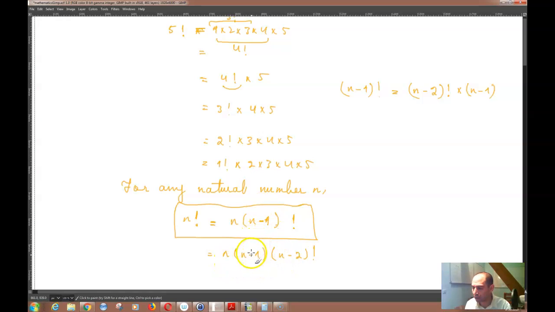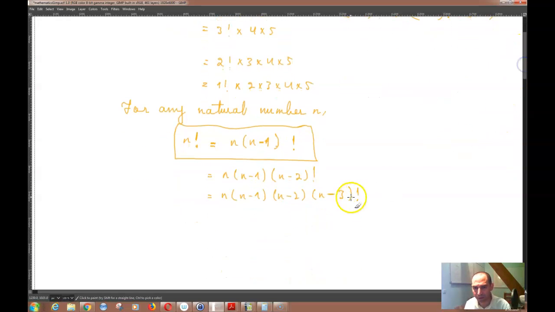You can write this as n times n minus 1 times n minus 2 times n minus 3 times n minus 3 factorial. That you can do as well. Of course, this is provided that n is greater than or equal to 0.